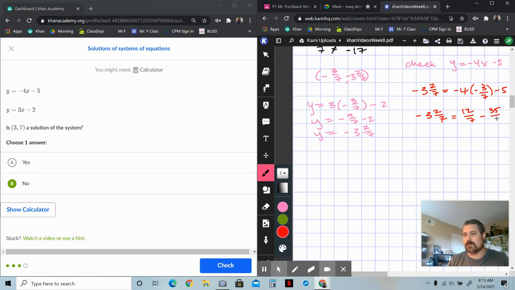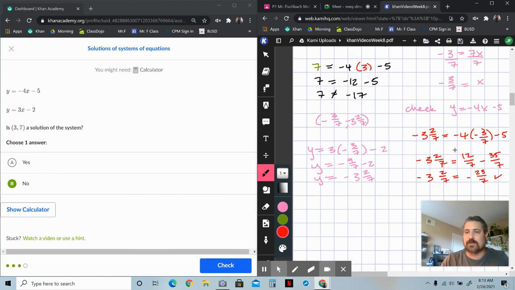Because 7 times 5 is 35. And now what you've got is negative 3 and 2/7 is equal to 35 take away 12, because negative wins by that amount. Well, 35 take away 12 is going to be 8 to get to 20, and then another 15. So we're looking at 23. We have 23/7. And how many times does 7 go into 23? 3 times. With how many left over? 2. So you guys can see that these are the same.